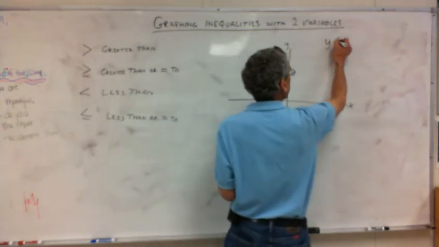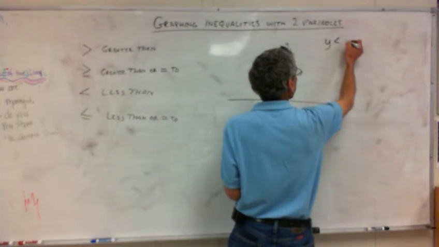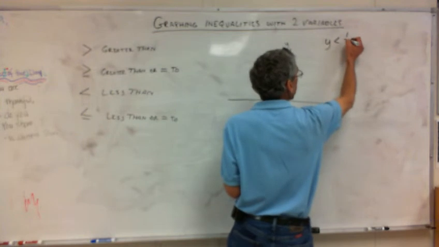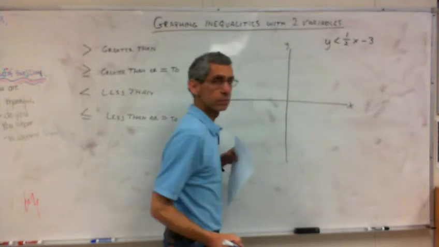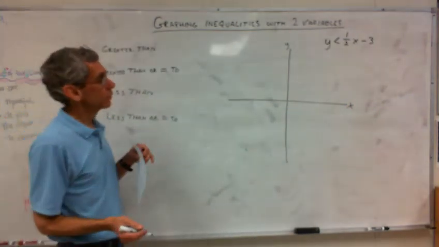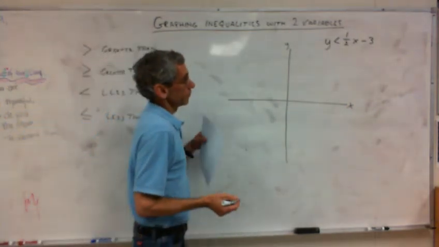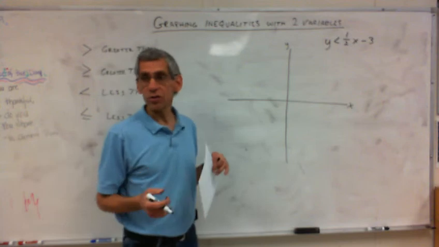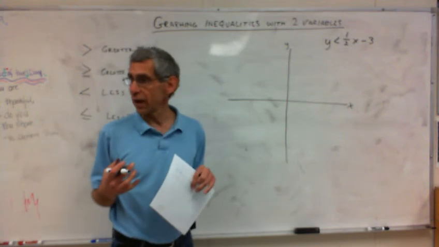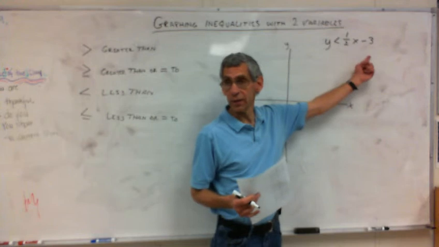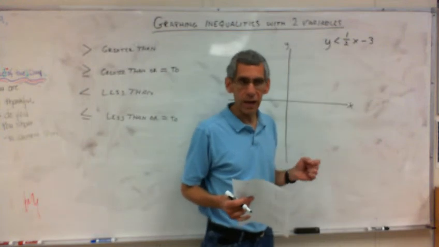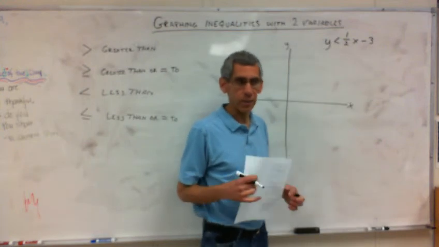Y is less than, I don't know, 1/2 x minus 3. Okay? All right. I'm going to start to graph this just like I would graph it if it said y equals 1/2 x minus 3. But I'm not going to draw the line yet.